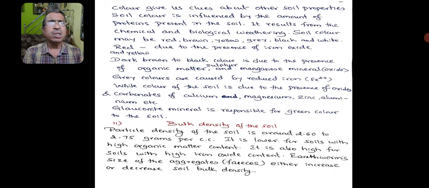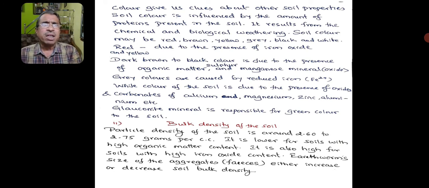The grey color of the soil is due to reduced iron, that is Fe in +2 state. White color of the soil is due to the presence of oxides and carbonates of calcium, magnesium, zinc, aluminium, etc. Glauconite mineral is responsible for the green color of the soil.